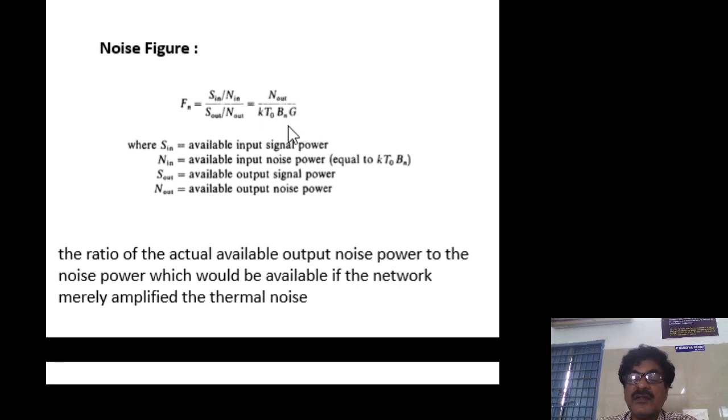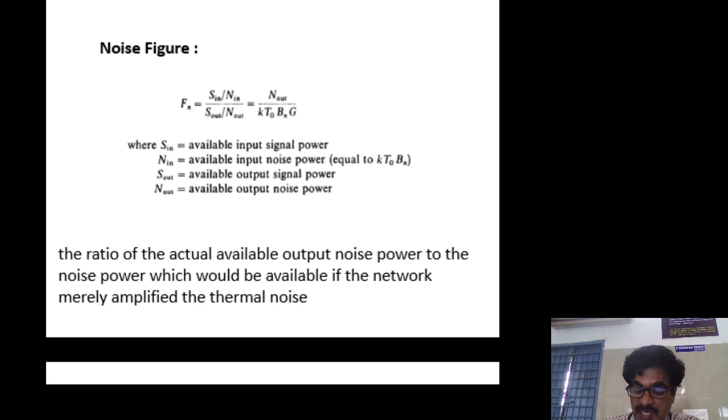Since it is the multiplication of input noise with the gain of the network. That's why it is referred to as the amplified noise. The total available output noise power is the available noise power at the output plus the noise introduced by the network itself.